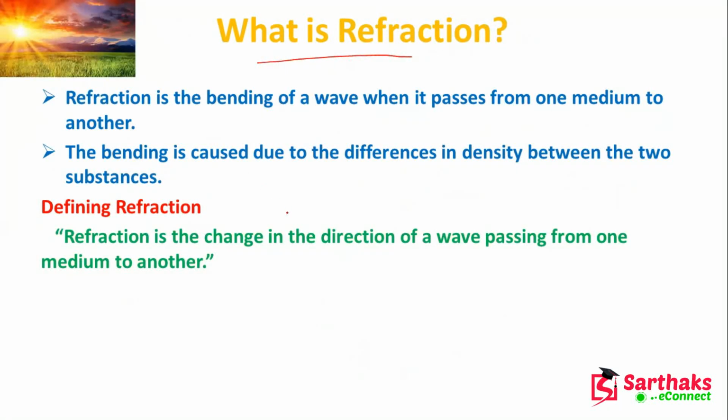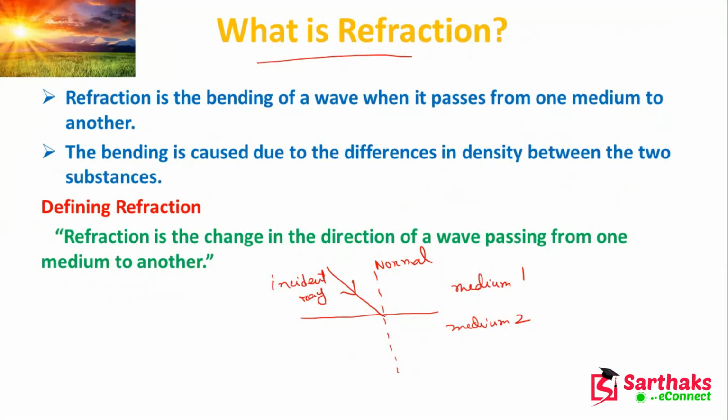Refraction is the bending of a wave. If this is medium 2, medium 1, and this is the incident ray and this is the normal, you can see that it will move like this, bending like this.